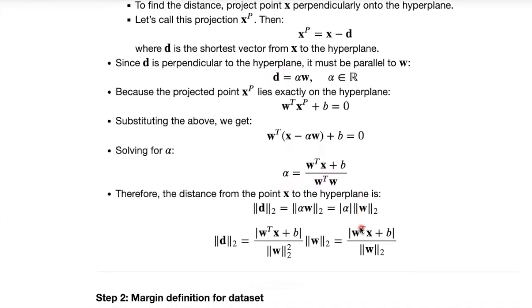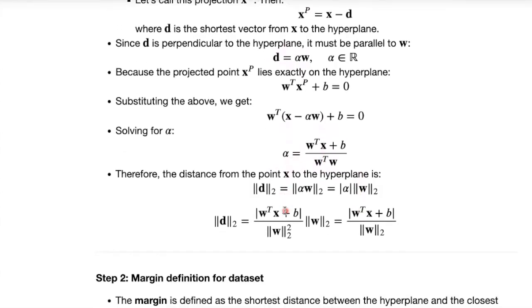And there's one more step, right? We care about the distance, which is the length or norm of this vector d. And by what we have here, d is equal to alpha times W. And for a scalar times a vector, it's easy to find its length.